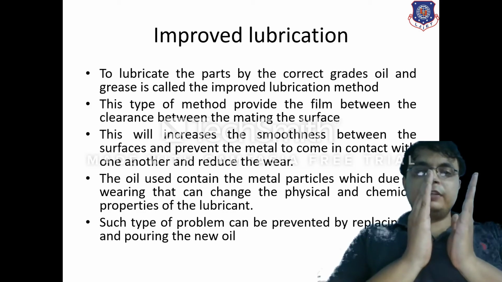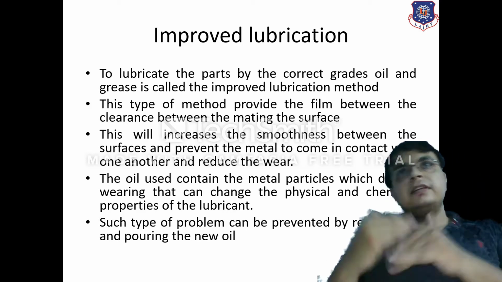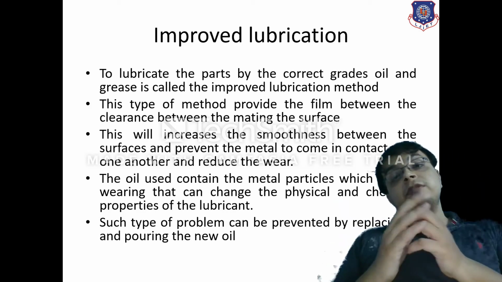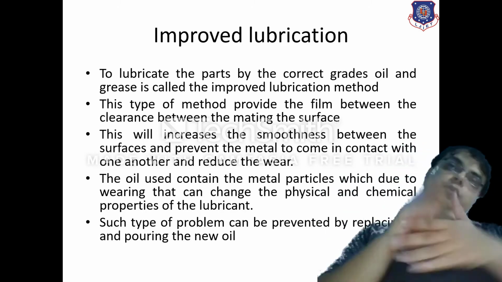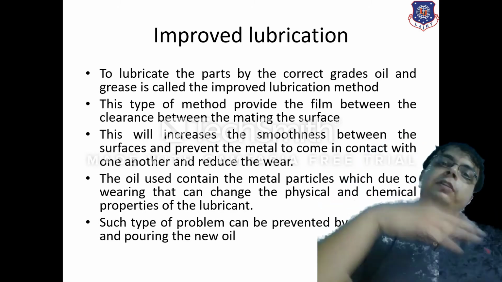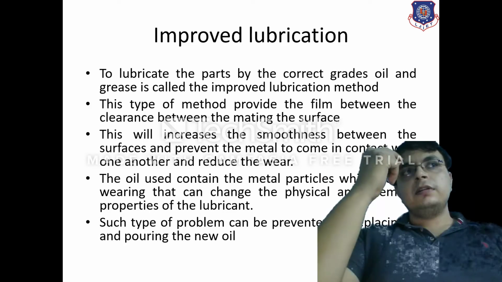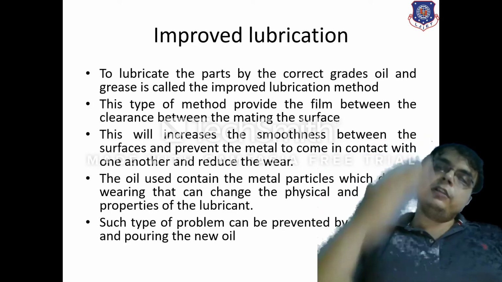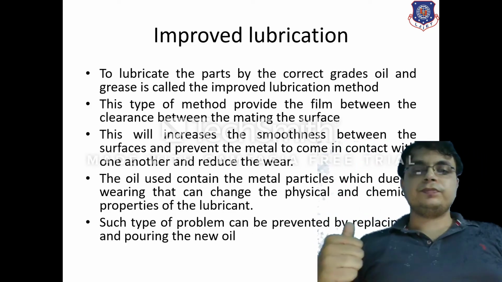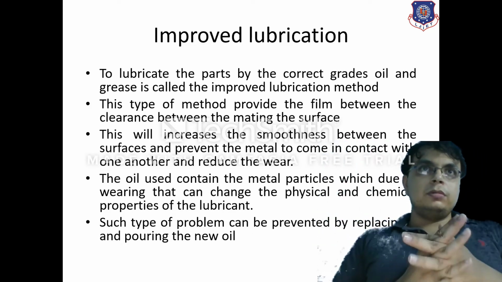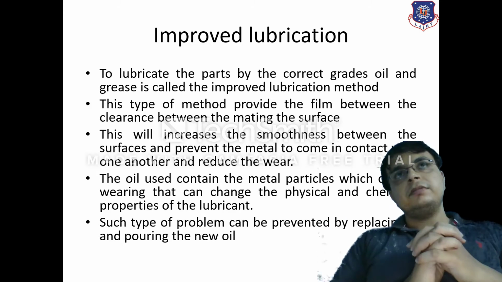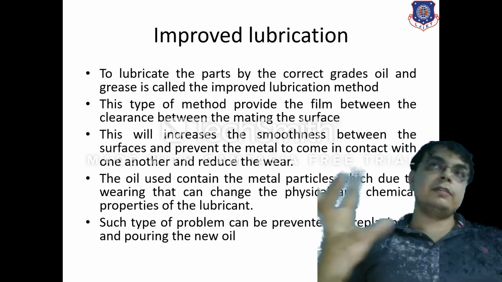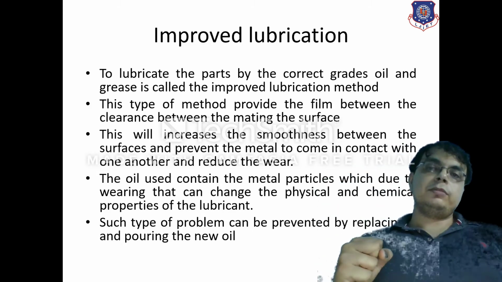And if the roughness is lesser, then the smoothness will be more, and the more the smoothness on the surface of the working machine, the lesser will be the wear on it, and the more will be its design life. So this is how applying lubrication will improve the quality of the machine.